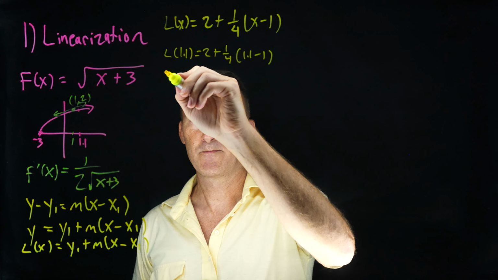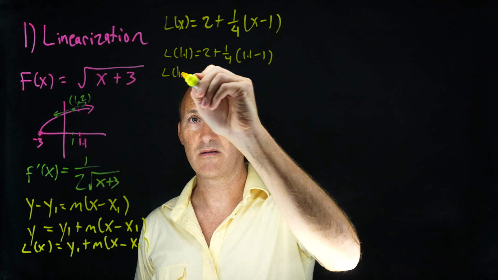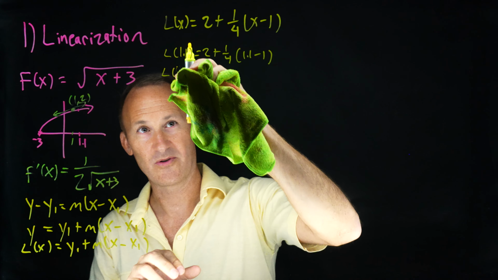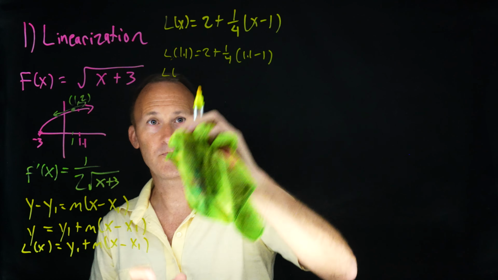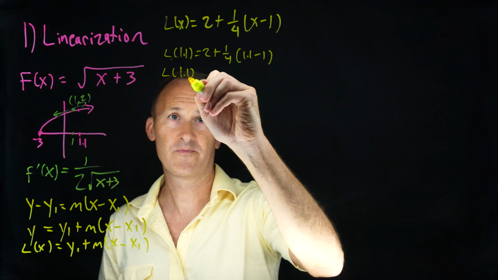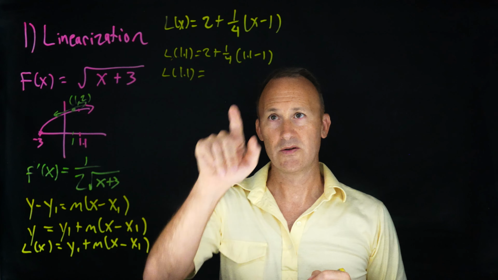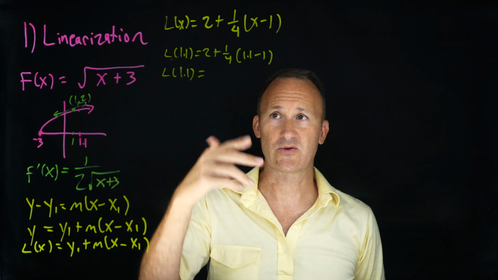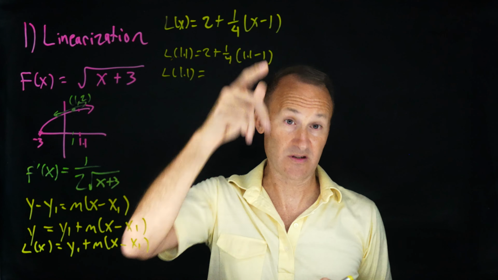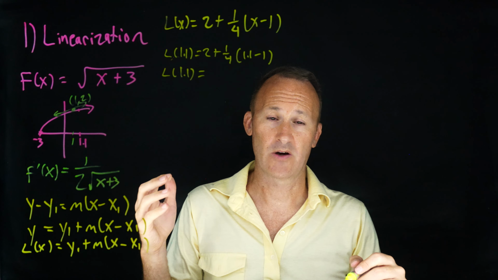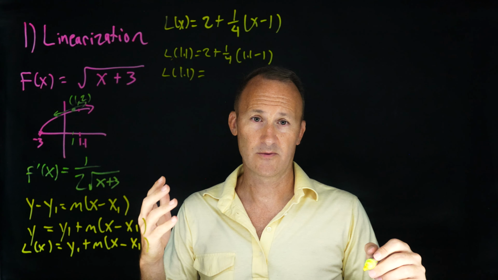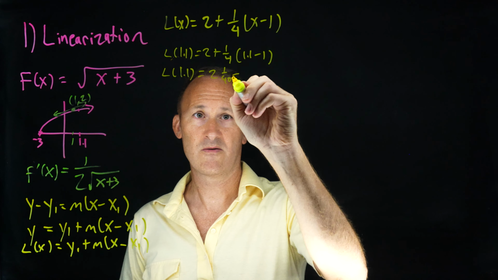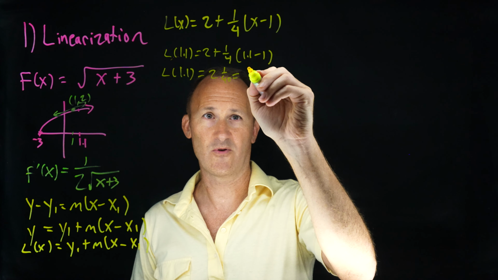So L of 1.1 equals 2 plus, here you have 0.1, which is 1/10, and 1/4 times a tenth is 1/40. So you get 2 and 1/40, which equals 81/40.